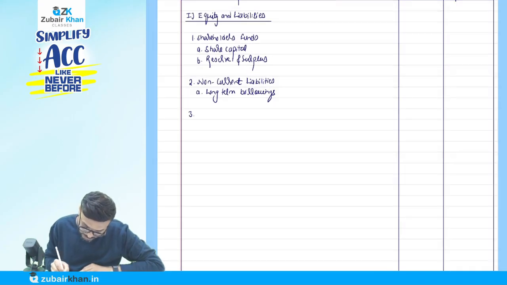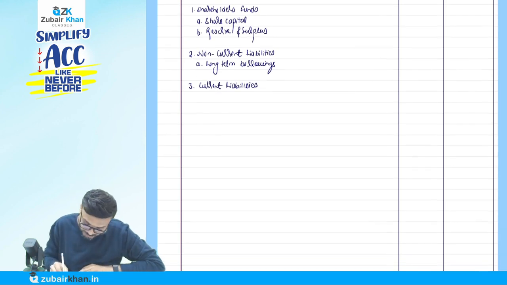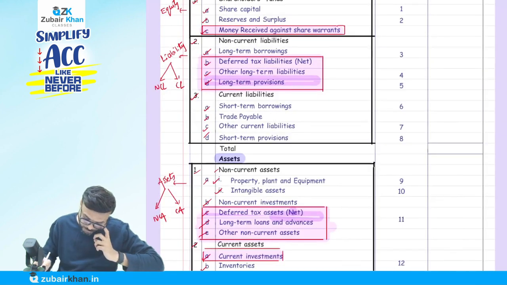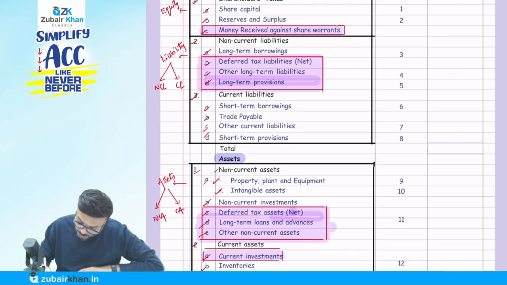Then here, third point, current liabilities. Write down current liabilities. How many points are there? 4. Short-term borrowing, trade payable, other current liabilities, and short-term provision.